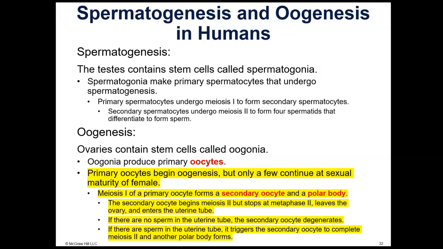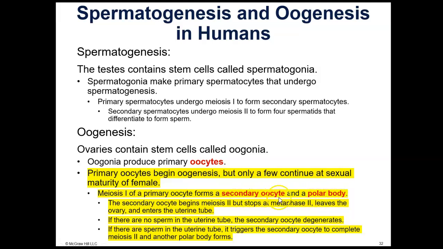But once the female has reached sexual maturity, once the female has entered puberty, those primary oocytes will undergo meiosis 1. And after meiosis 1, there'll be one secondary oocyte, and then the other cell is called a polar body.